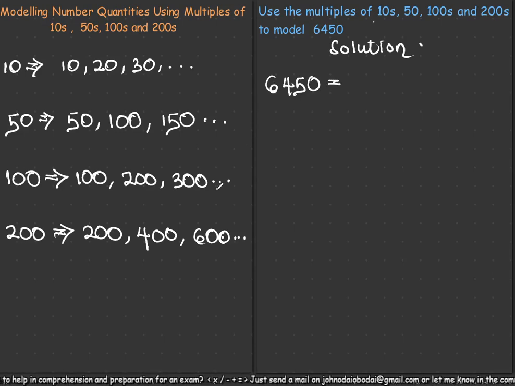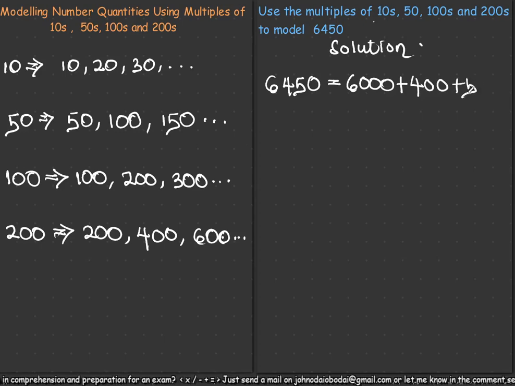If you want to write 6,450 in expanded form, you are going to have 6,000 plus 400 plus 50 and then plus 0. But we can choose to ignore the 0 for now because 0 is nothing.